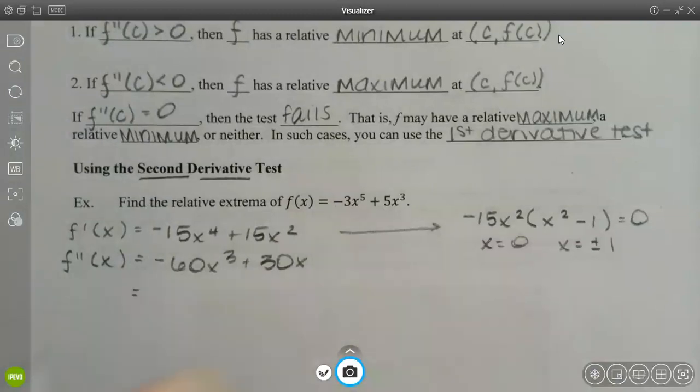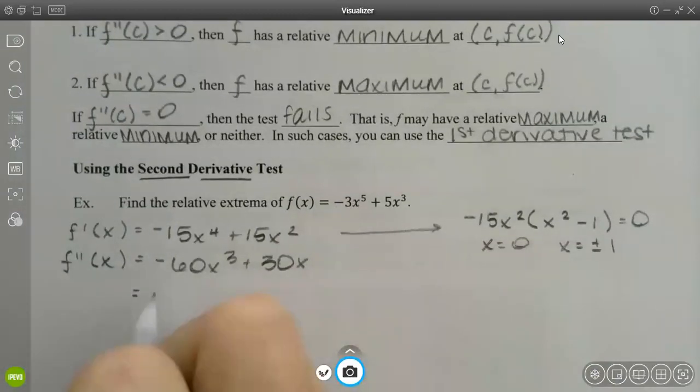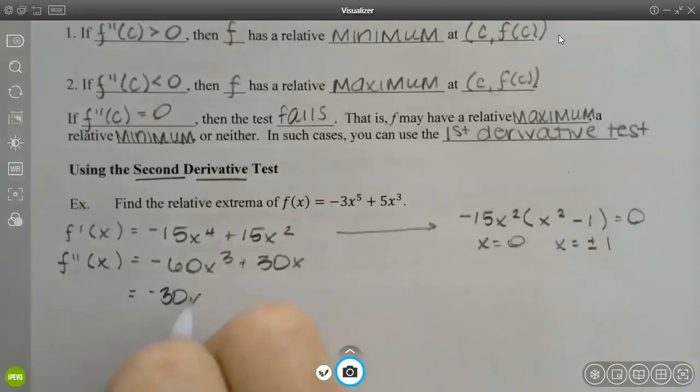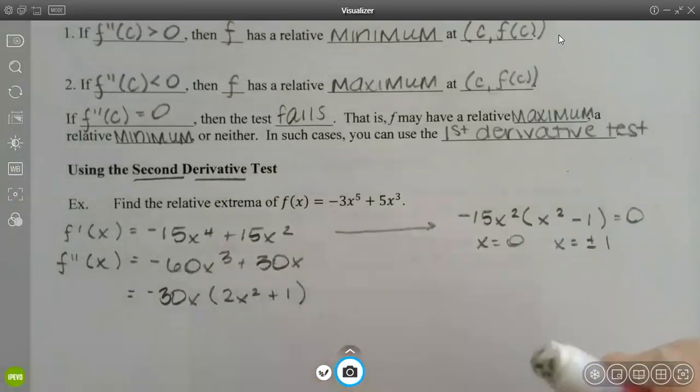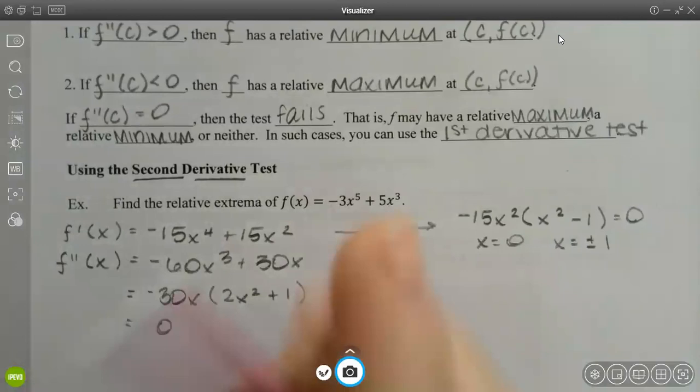For your f double prime, I can factor out a negative 30x. Gives me a 0.